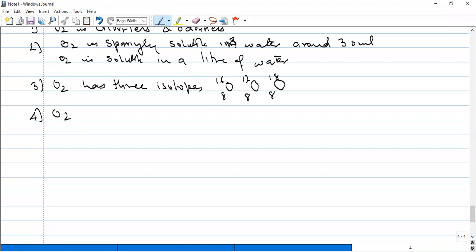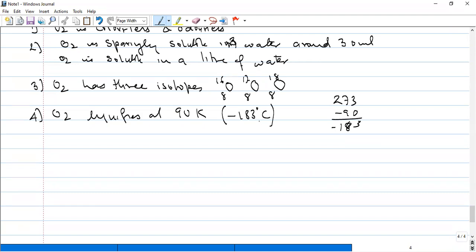Oxygen liquefies at 90K. 90K का मतलब कितना? 273 minus 90, at minus 183 degrees Celsius, oxygen is in a liquid form.